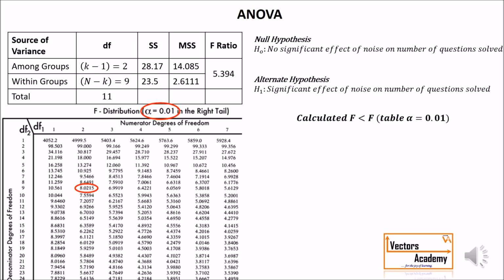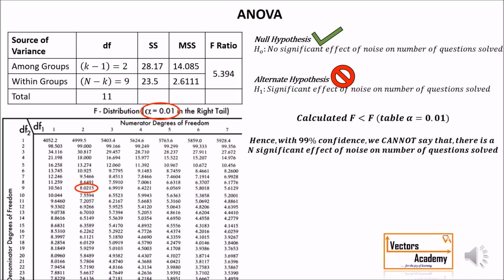So, now this time, the calculated value, that is 5.394, is quite less than the value in the table. Hence, we can say that the alternative hypothesis is rejected and the null hypothesis holds. So, at 99% confidence level, we cannot say that there is a significant effect of noise on the number of questions solved.